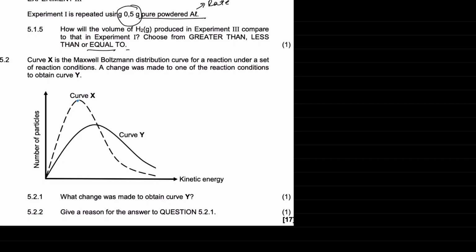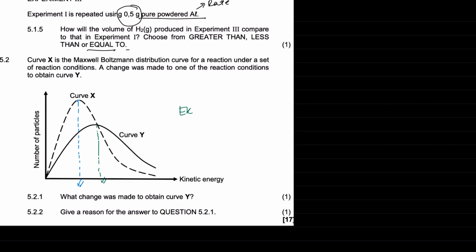The peak for X is there. That means most particles will have, say, this kinetic energy here. Right? Now, the peak is here. So you can see that the kinetic energy increased.